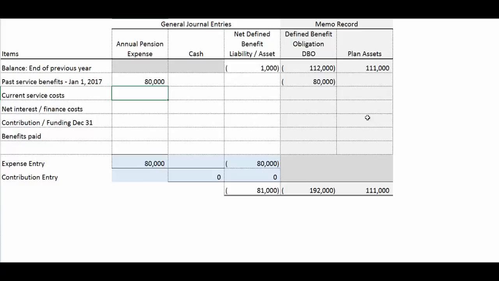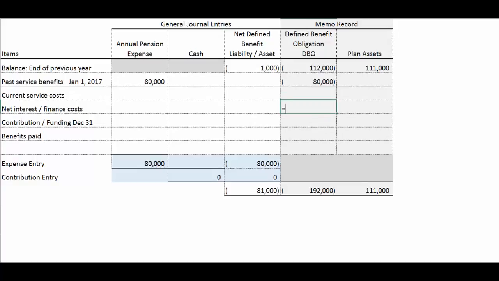But now, as a result of this, we see that at the beginning of the year, the balance at the end of the year, plus the past service benefits that were granted on January the 1st, means that the defined benefit obligation at the beginning of the year is $119,000.